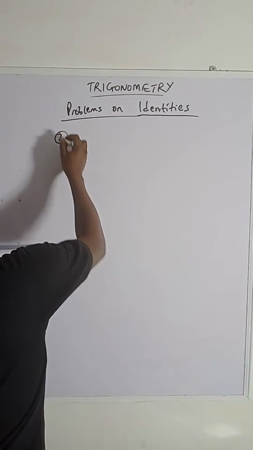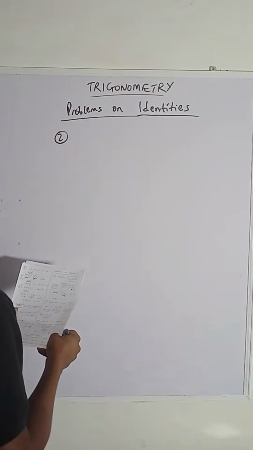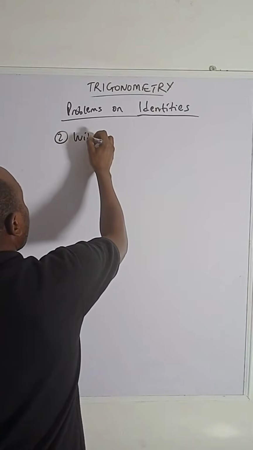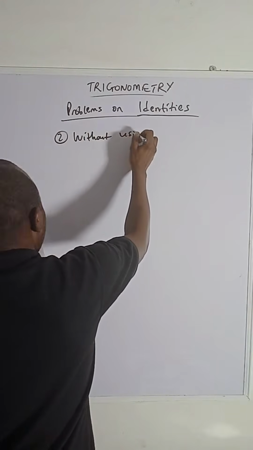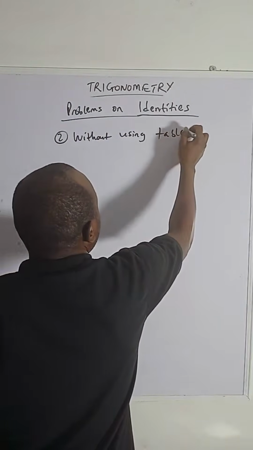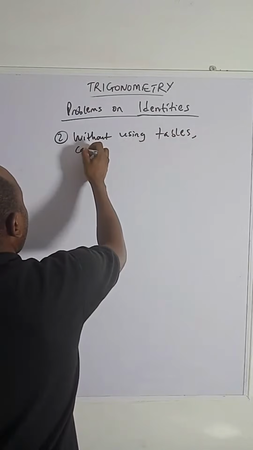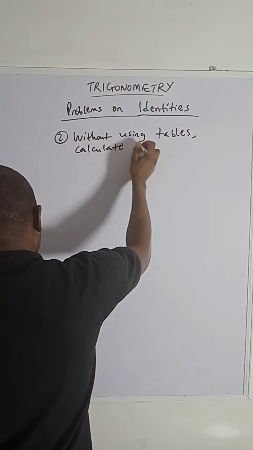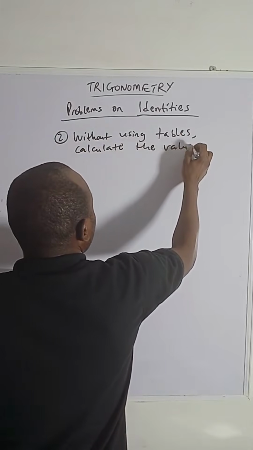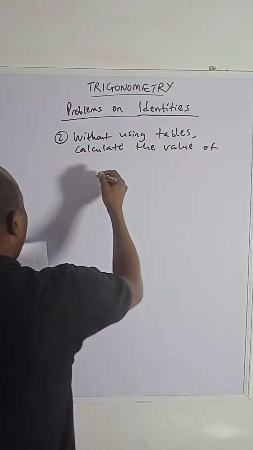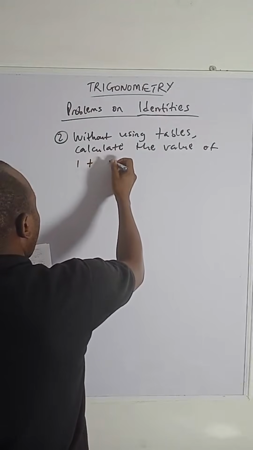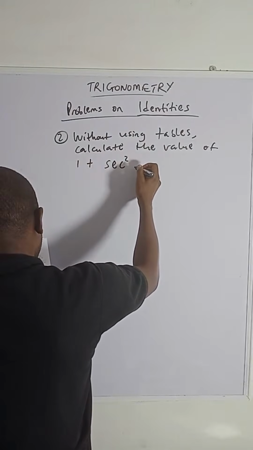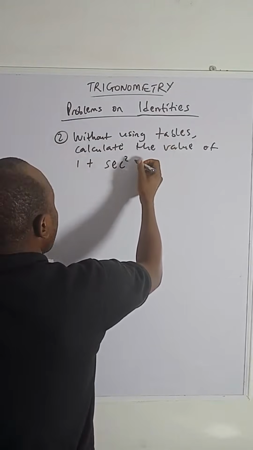Okay, another example under problems on identities. Without using tables, calculate the value of 1 plus sec squared 30 degrees.